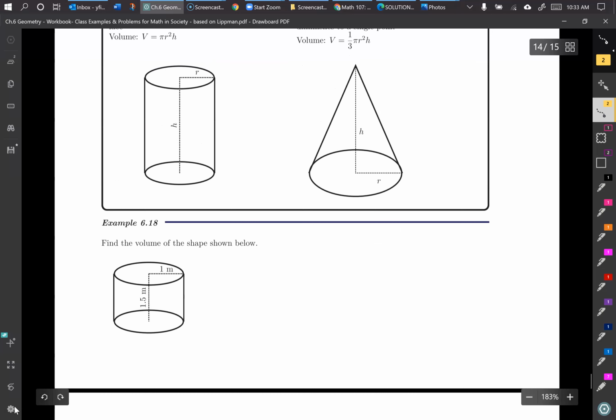So now we're going to look at this, find the volume of the shape shown below. And this is a cylinder. So just use the formula up here. Do this one as a classwork. So you're going to pause, complete, and check. And I won't have the full answer in there, but I'll just have what the answer is.